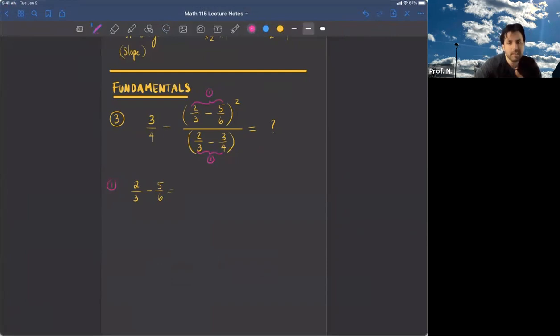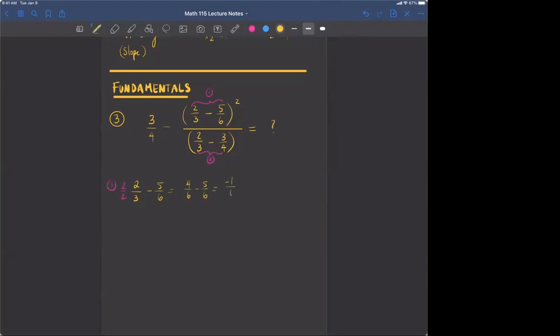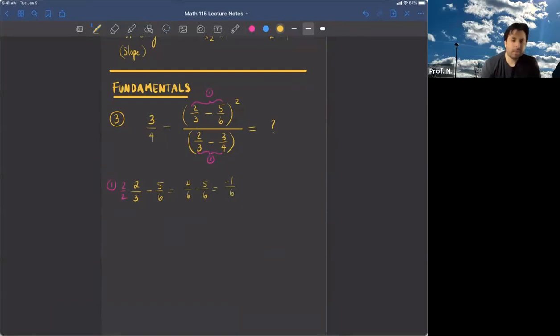We have a 3 and a 6 in the denominator, so the least common denominator is 6. So I must multiply this by 2/2. And I get 4/6 minus 5/6, which equals negative 1/6. So that's the first fraction in the numerator.